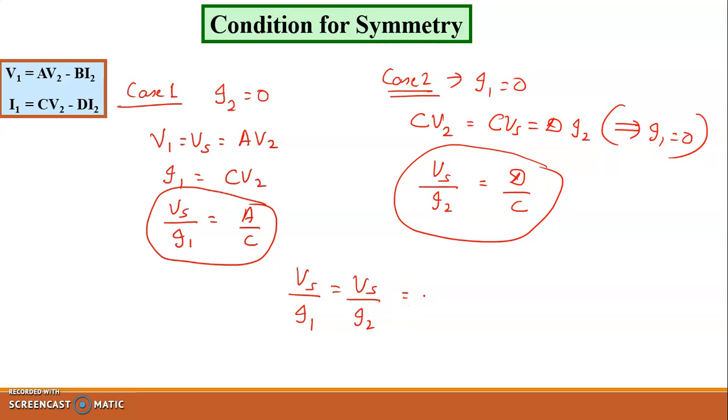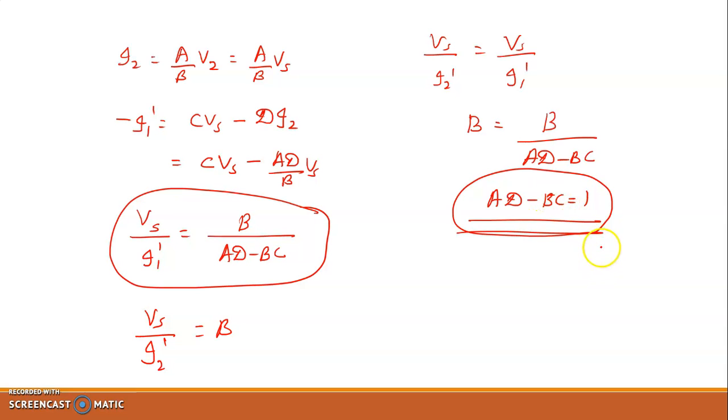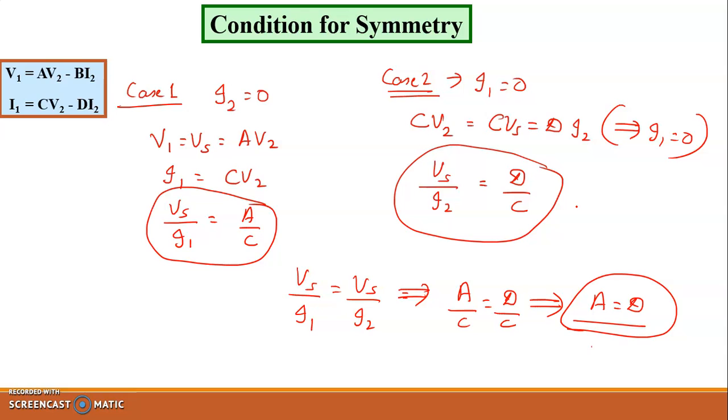If that is the case, I have A by C is equal to D by C. That means A should be equal to D. So the condition for symmetry of a two-port network in terms of ABCD parameters is A is equal to D. The condition for reciprocity is AD minus BC is equal to 1. So that's all with ABCD parameters. Thank you.